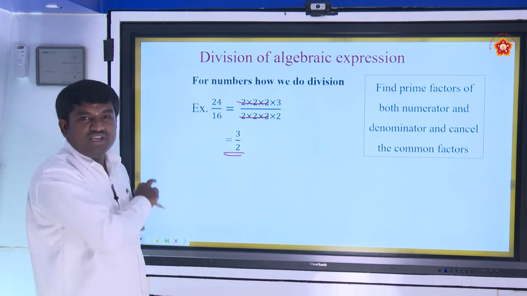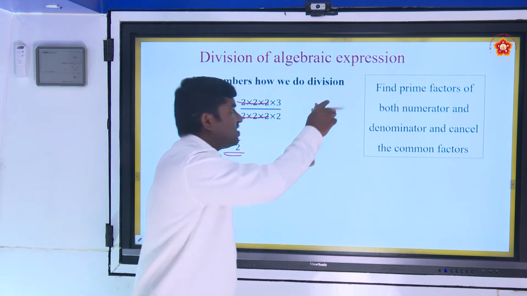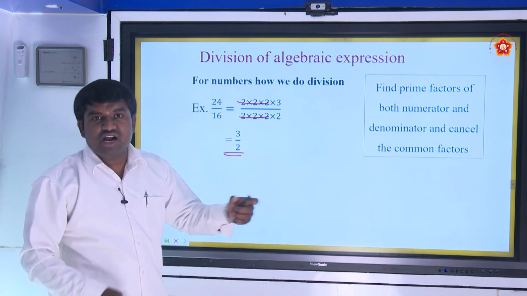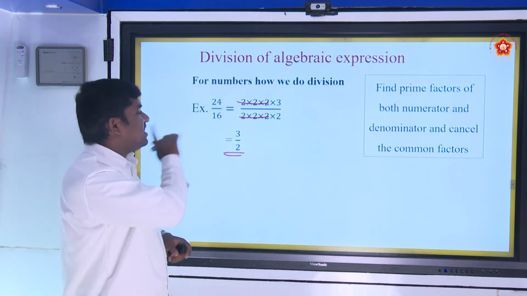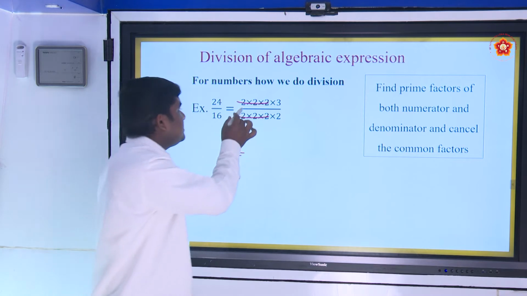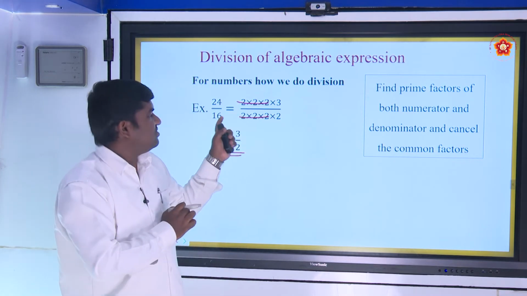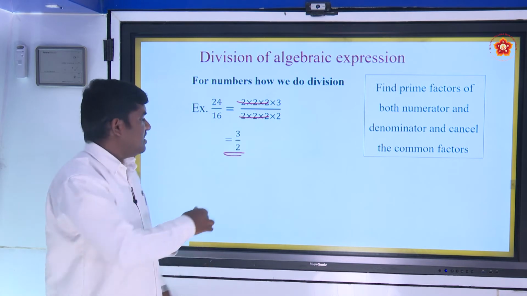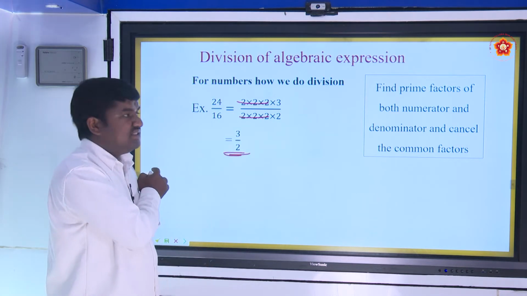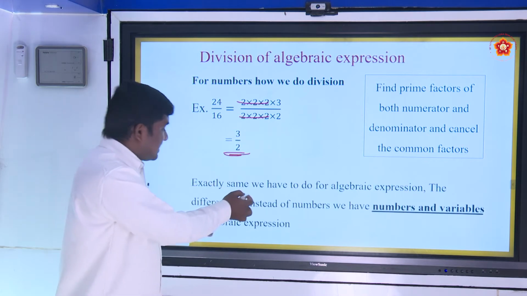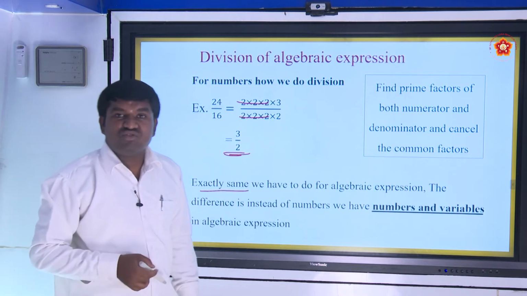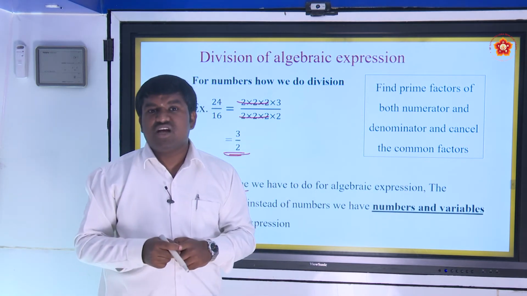So what are we doing here? We just find the prime factors of numerator and denominator and cancel the common factors. These 2 into 2 into 2 is common for both numerator and denominator, so we cancel those. Then write the answer. Exactly the same we have to do for algebraic expressions also.